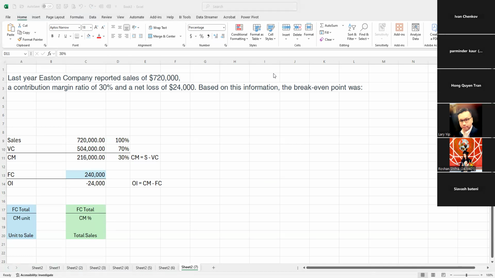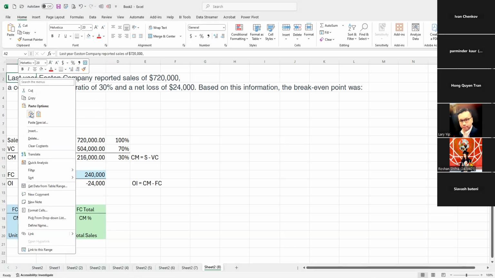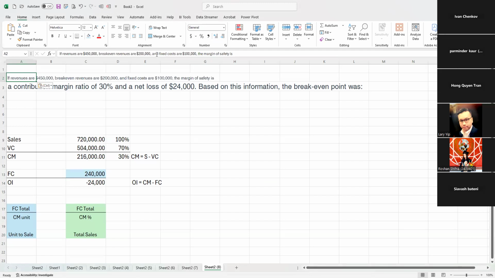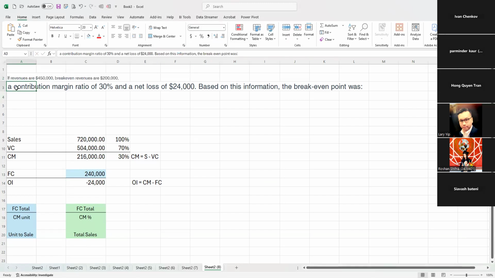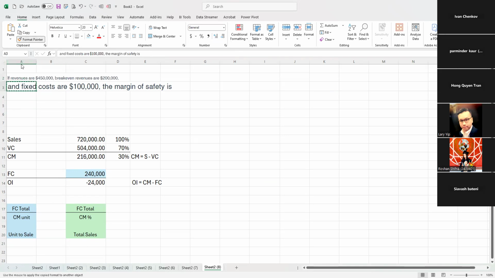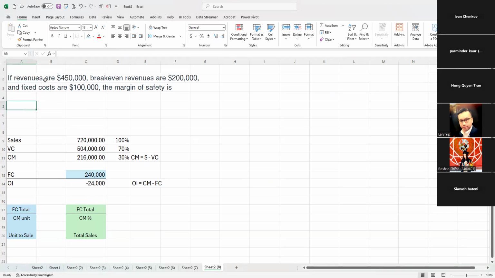Let's see another one here. The other one will be, let's see this one. If the revenue is 450, break-even revenue is 200, fixed cost is 100. How much is margin of safety?